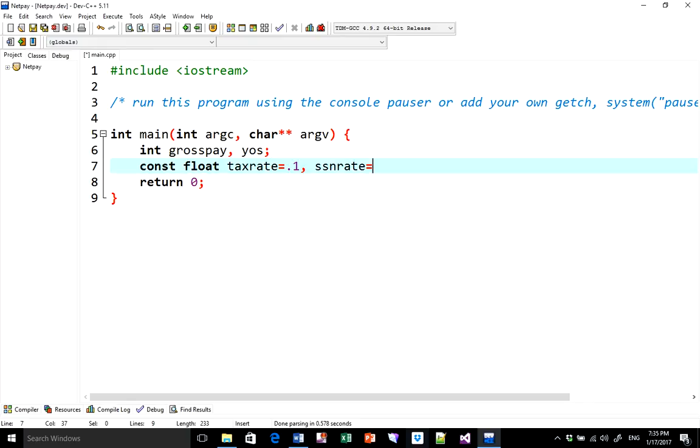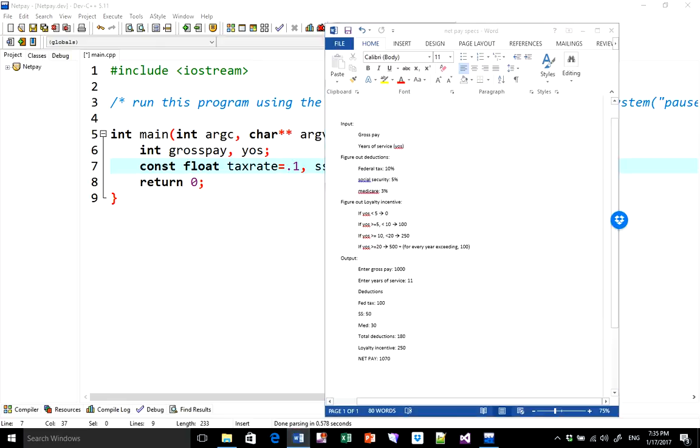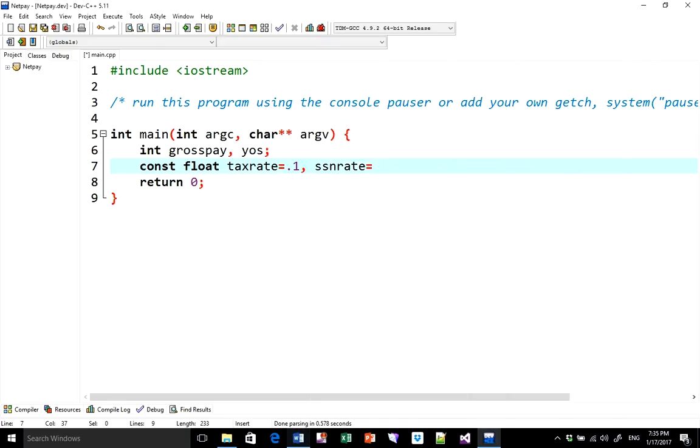So Social Security rate. What I have there is 5 and 3. Okay. 0.05 and med rate equals 0.03. And then we know that we're going to calculate the federal tax values, the Social Security value, and the Medicare value, right?